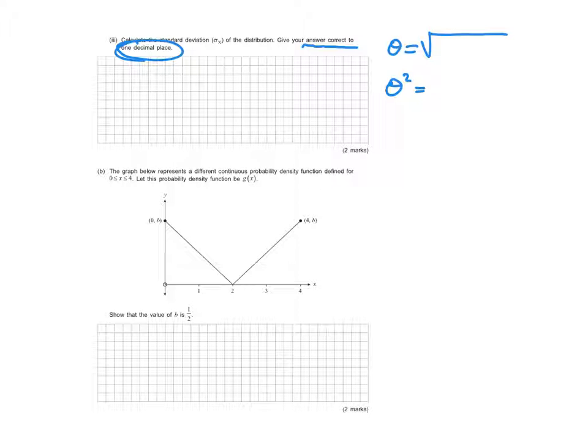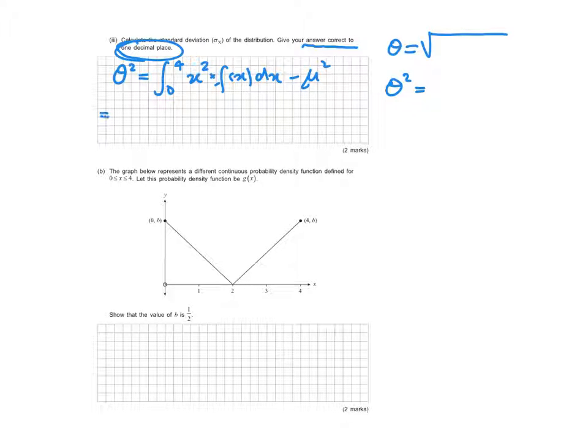I'm going to go with standard deviation to the power of 2, which is the variance. We integrate from 0 to 4 the function multiplied by x to the power of 2, dx, and take away the value of the mean to the power of 2.